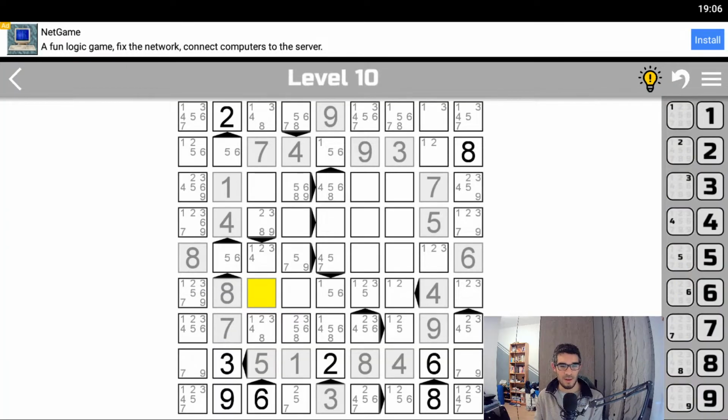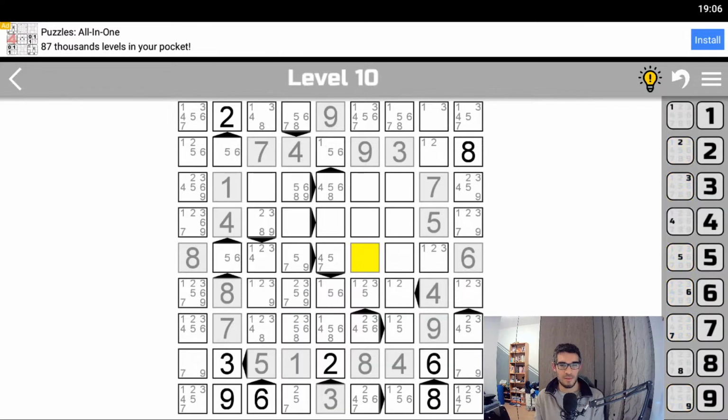So let's just fill the parts in the middle. 5, 6, 7, 8, 9. Oh yeah, the 4 is repeated here. And this instead is going to be 2, 3, 4, 5, 6, 7, 8, 9. Yeah, nothing here, right?